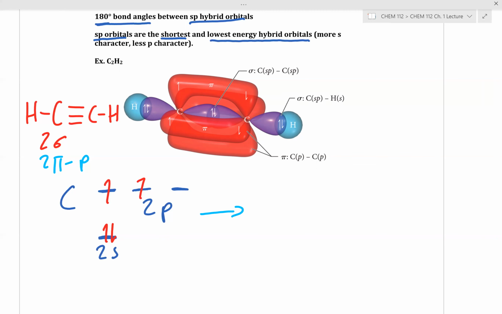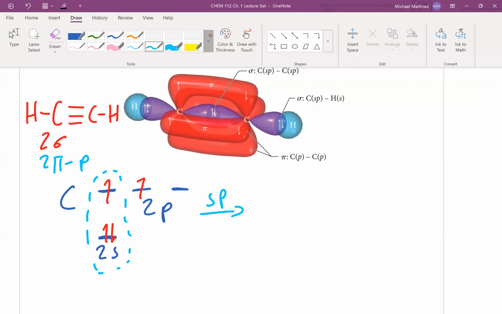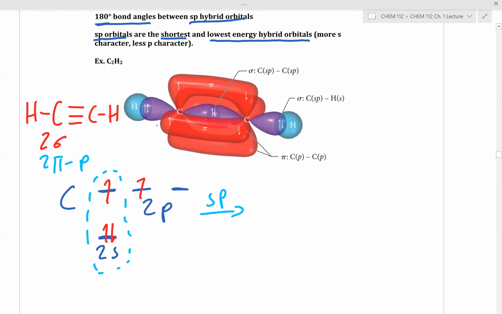Yeah. So let's hybridize this carbon according to the sp hybridization. We're going to take an s orbital and a single p orbital, and we're going to mix both their shape and relative energy. So we have 2 p orbitals just unhybridized.